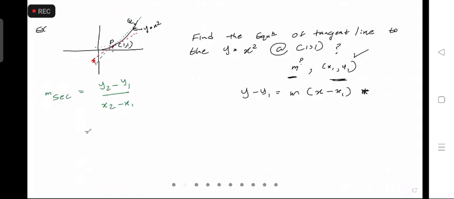Okay. x1, y1 you already know. Right? Can you tell me the x2 and y2 for this Q point, as variables? Can someone tell me?